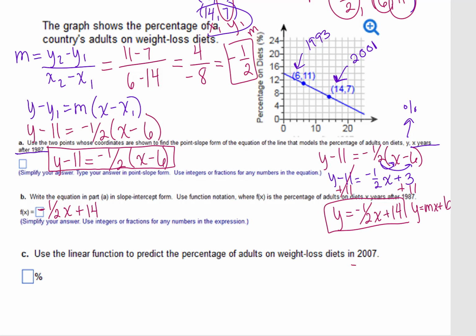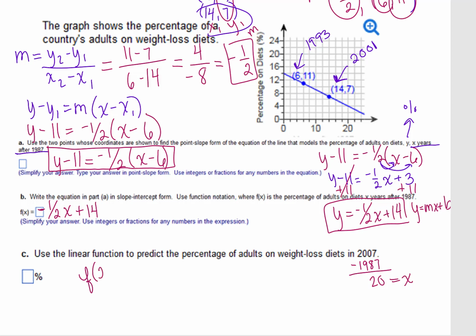So I'll subtract 1987 from 2007. I get 20, and that will be my x. If you don't catch at the beginning that x is years after 1987, it might mess you up at the end when it's time to use the function.